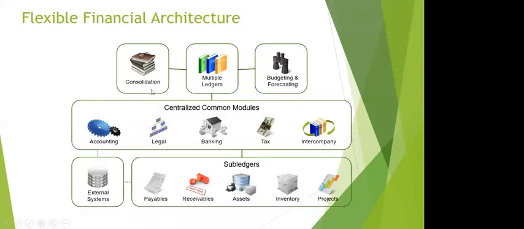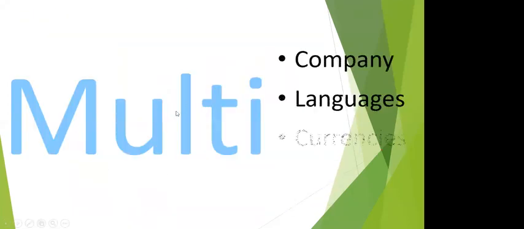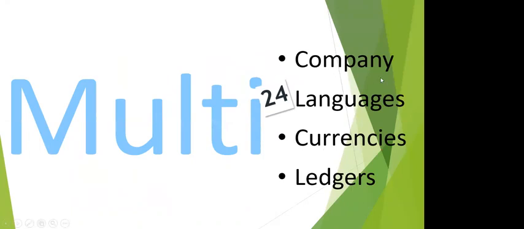Not only this flexible architecture, in Fusion Cloud we can have multi-company, we can use Fusion Cloud in multi-language, it can be used for multi-currencies, and it can be configured for multi-ledgers also.